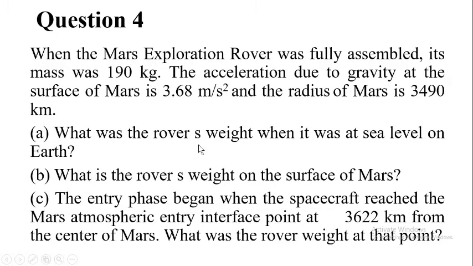A. What is the rover's weight when it was at sea level on Earth? B. What is the rover's weight on the surface of Mars? The entry phase began when the spacecraft reached the Mars atmospheric entry interface point at 3,622 kilometers from the center of Mars. What was the rover's weight at that point?